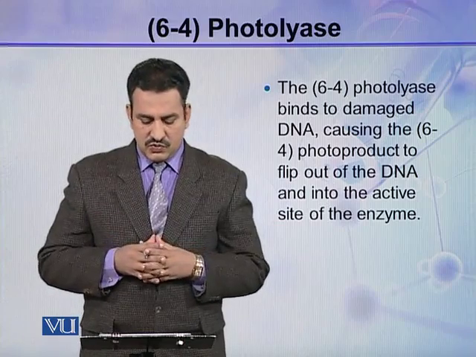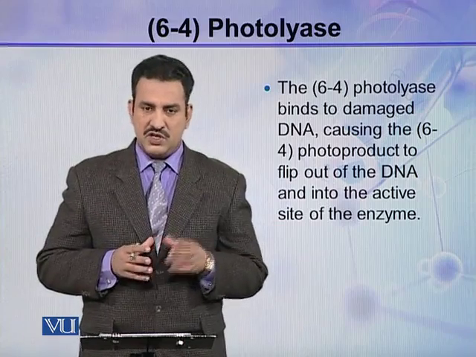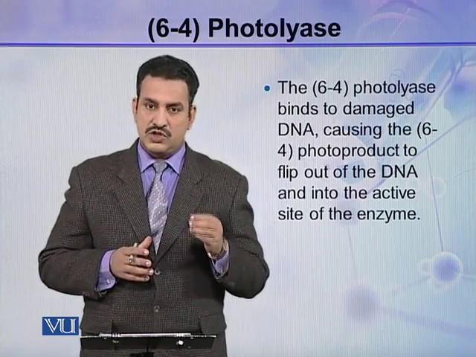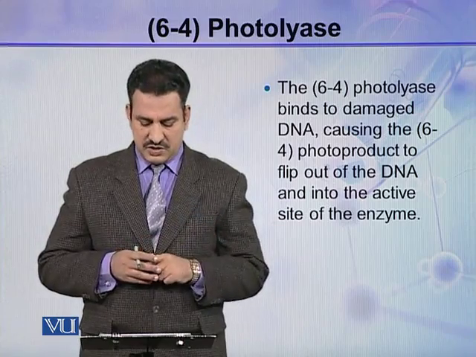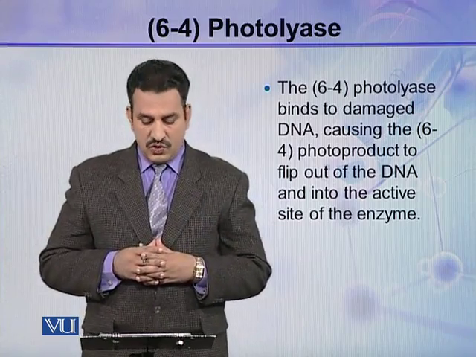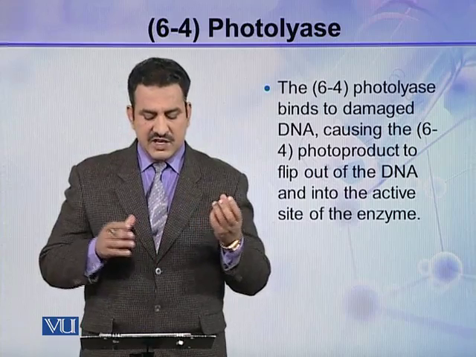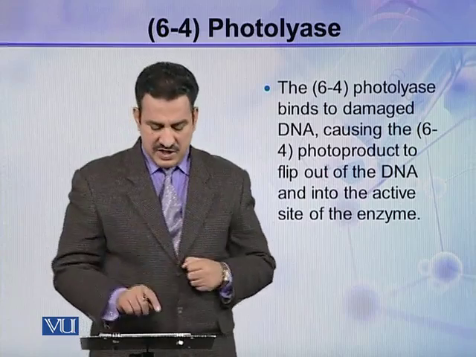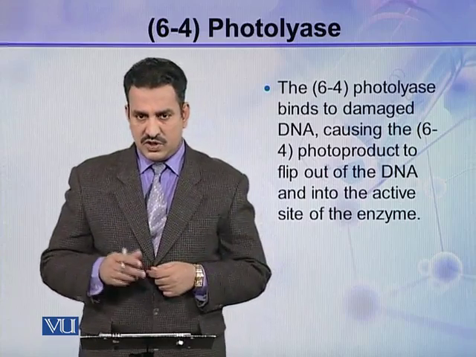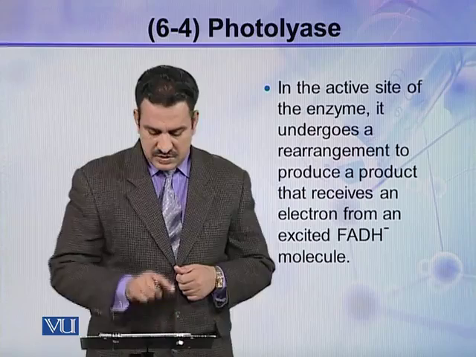So similarly, 6,4 photolyase binds to the DNA where the 6,4 photoproduct is present, causing the 6,4 photoproduct to flip out of the DNA helix and into the active site of the enzyme, as in the case of CPD photolyase.